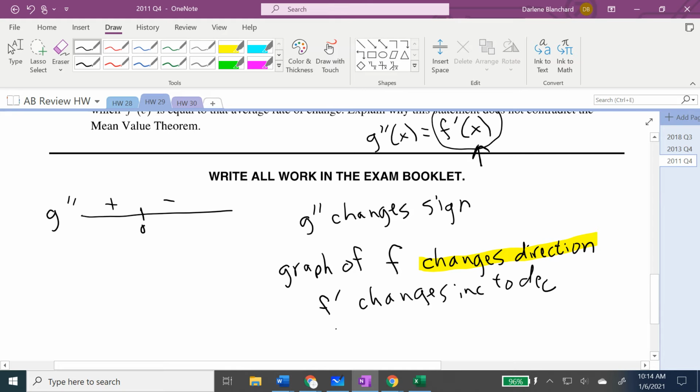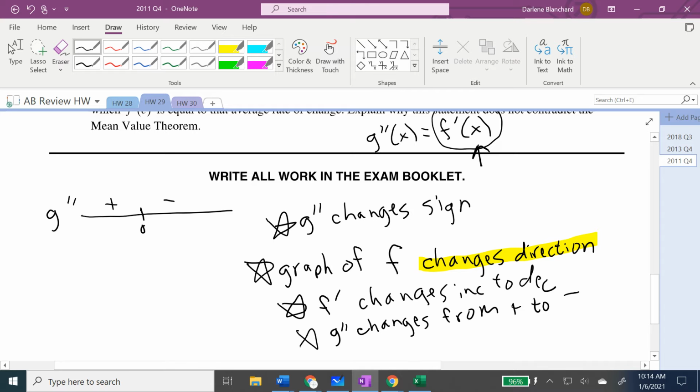And you can say because g double prime changes from positive to negative. So these are all legitimate reasons and ways to write it.